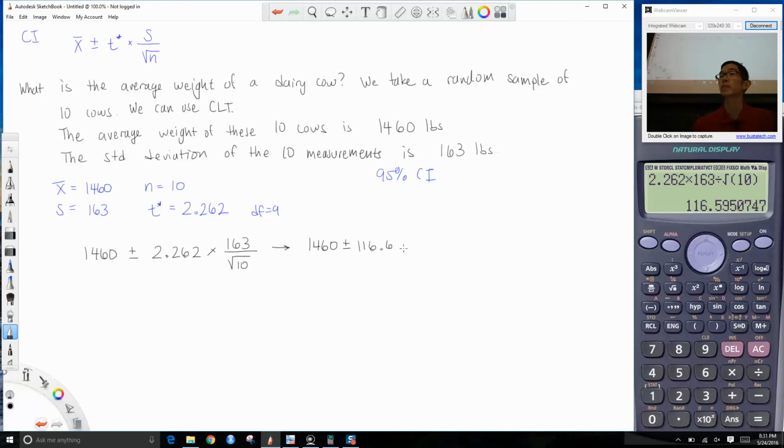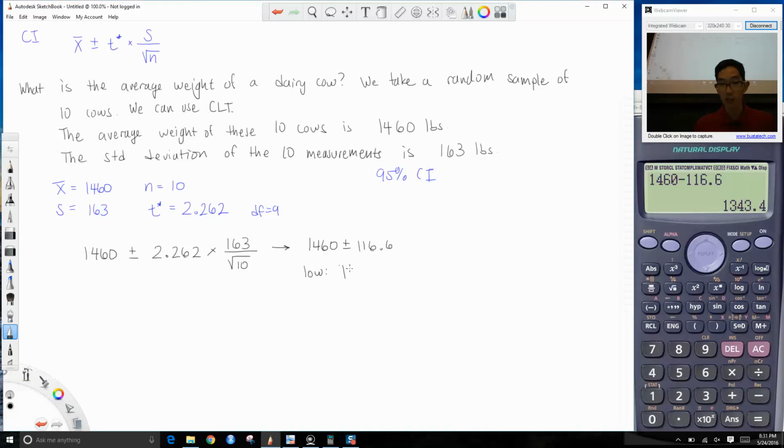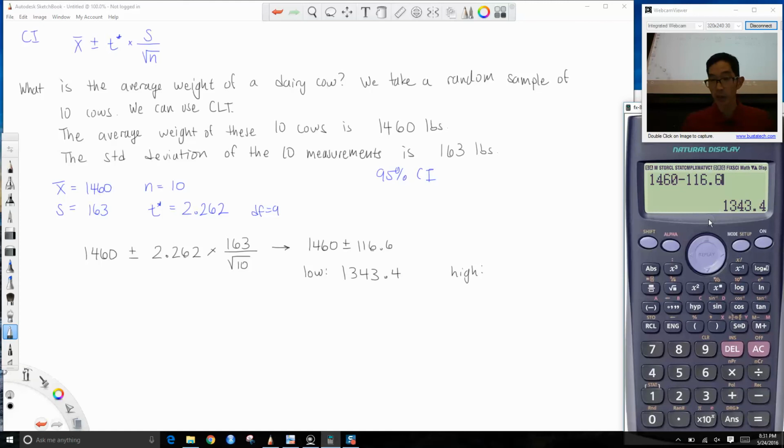So on my low end, I have 1460 minus 116.6, and I got 1343.4. And on the high end, 1460 plus 116.6, and I have 1576.6.